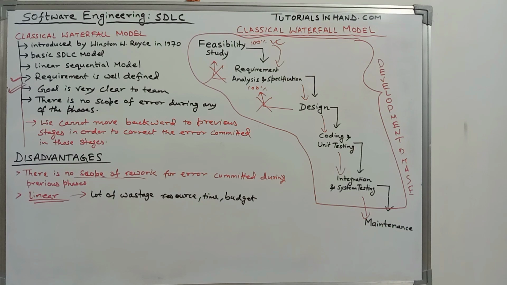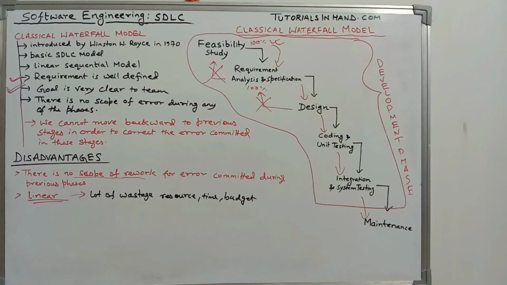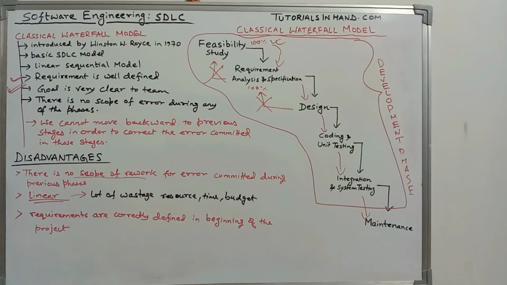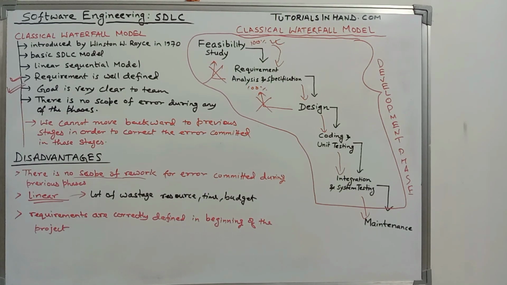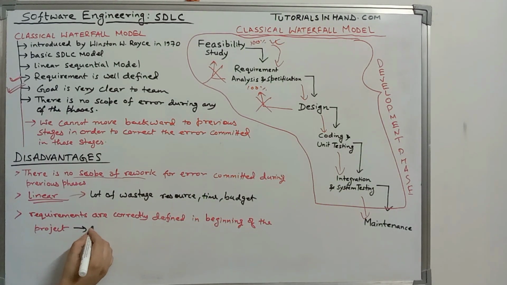And at the same time, this model assumes that all the requirements are correctly defined in the beginning. Now the third disadvantage is that this SDLC model requires that all the requirements are correctly defined in the beginning of the project, which is not always the case, because the client will come up with changes at any phase.